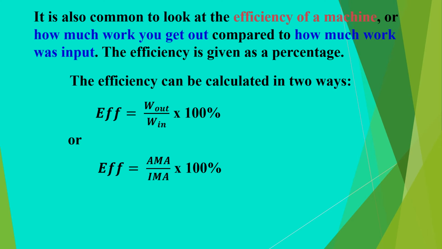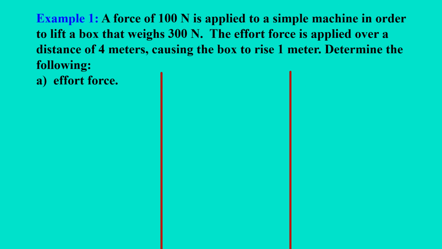Efficiency equals work out over work in times 100%. Or efficiency can also be calculated using the formula efficiency equals AMA divided by IMA times 100, and then add a percent sign. Example number 1.